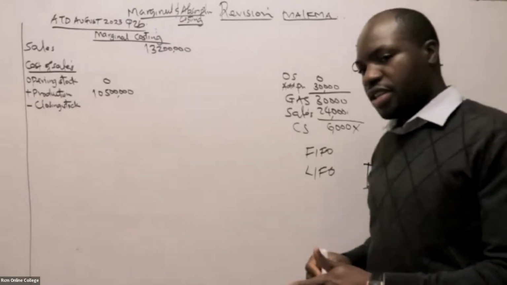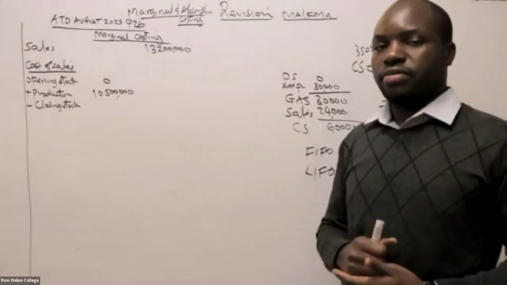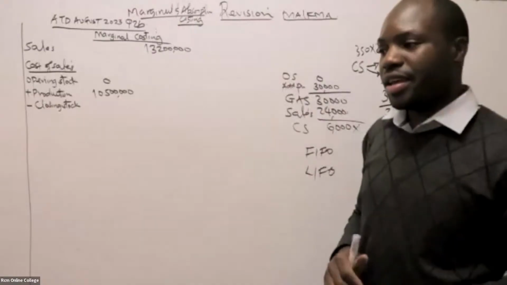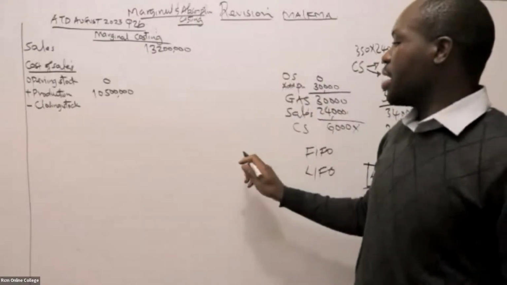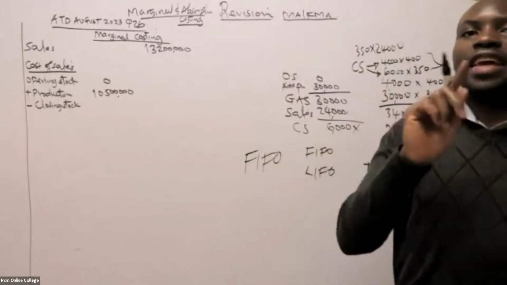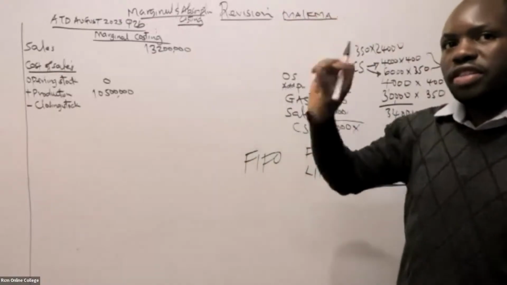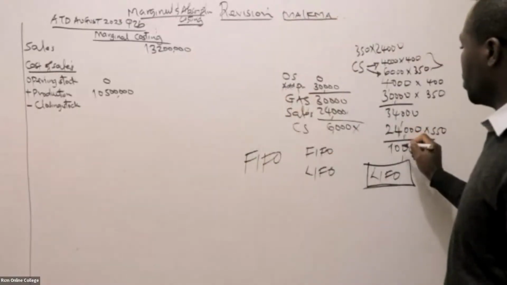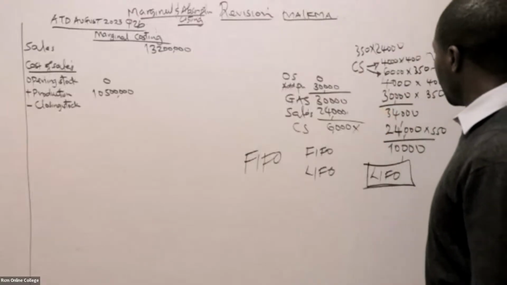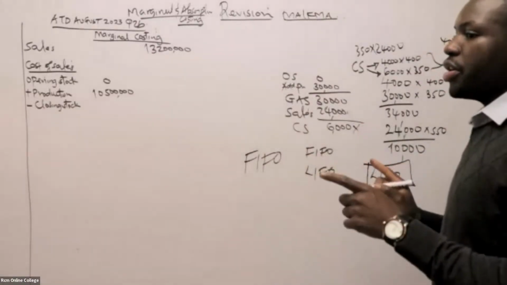Currently, all the questions in the past papers for management accounting and fundamentals of management accounting were set under the assumption that the company is using the FIFO method, first in, first out. So the 30,000 units that were produced, the 24,000 units that were sold entail the opening of 4,000, which will be sold first. Then whatever is remaining represents goods that were produced during the year.